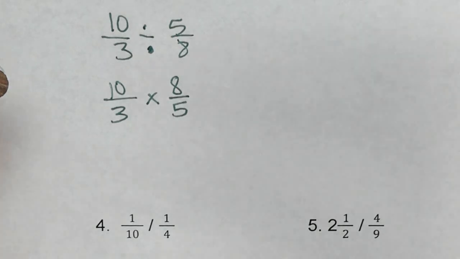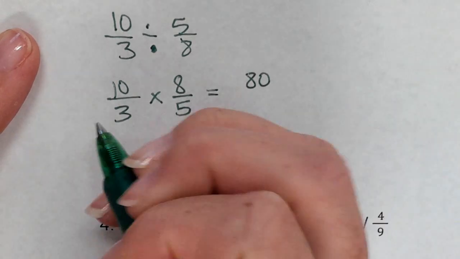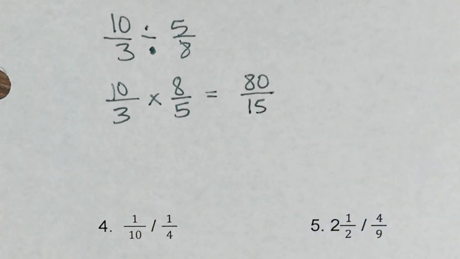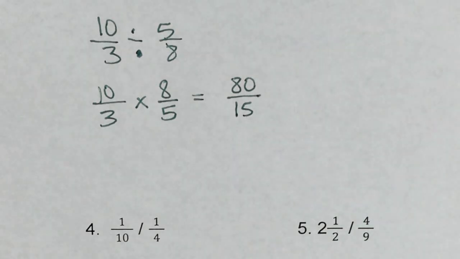So everybody watch. 10 times 8 is 80. 3 times 5 is 15. Now I have two options. I can simplify first before I make it a mixed number, or I can make it a mixed number and then simplify after. It does not matter.